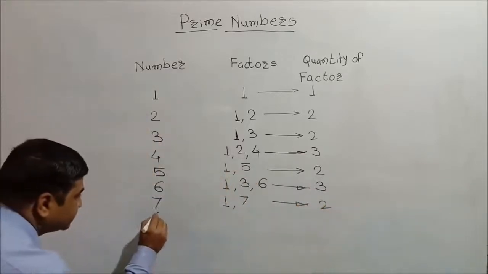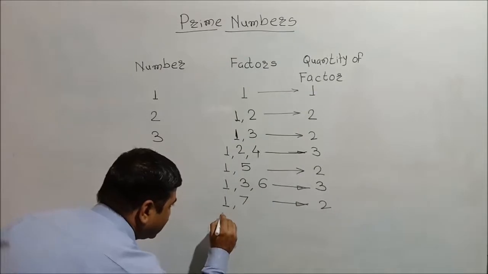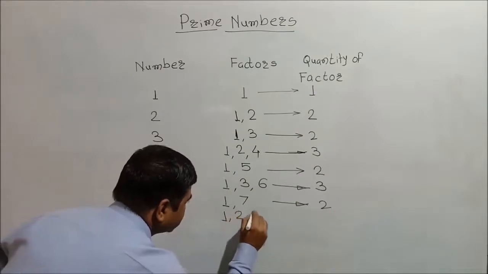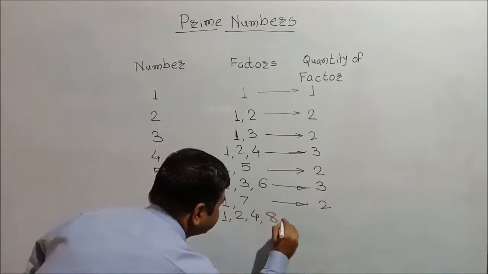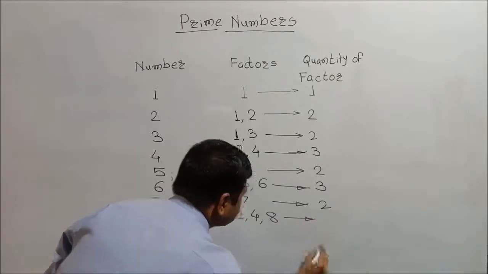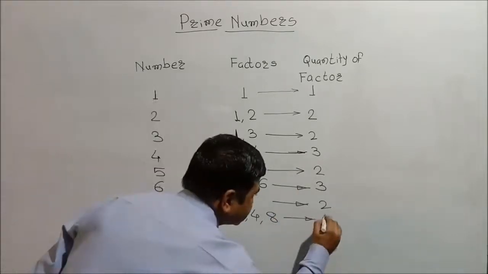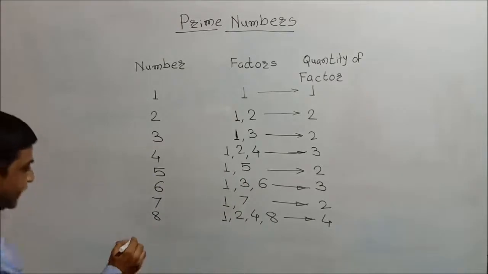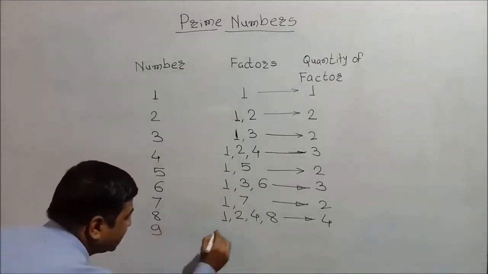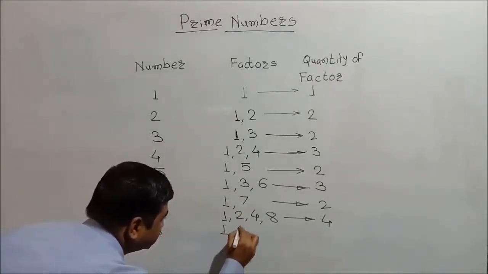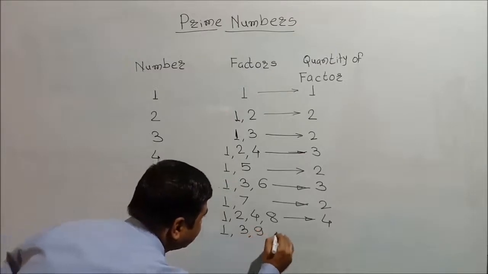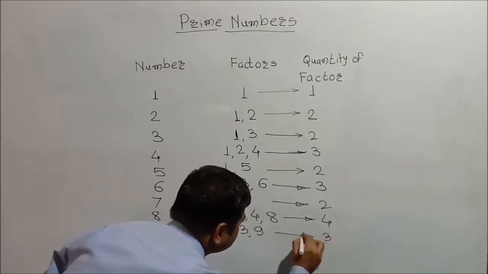What about 8? Well, 8 can be divided by 1, 2, 4, and 8. So in this case we are having now 4 factors. 9. 9 can be divided by 1, 3, and 9. Number of factors are 3.